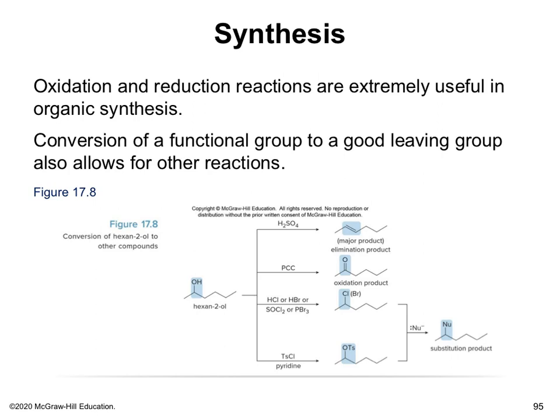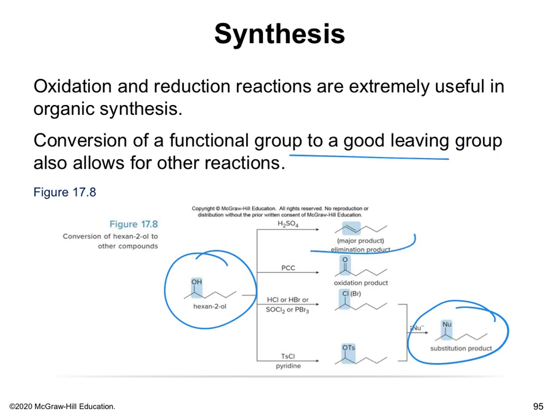Okay, how about looking at synthesis reactions? So ultimately, if we want to start with some kind of secondary alcohol and we want to add a nucleophile, you need to think of all of the reactions. You can make an alkene using elimination with sulfuric acid.